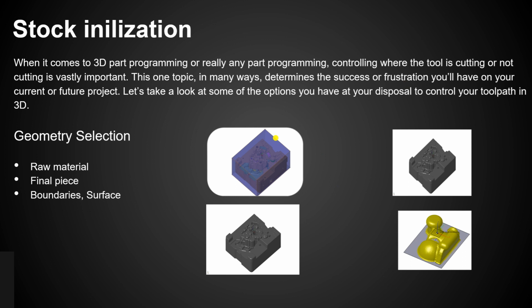Suppose after that my block will come at 600 by 600. If you already generated all your toolpaths, then in your CAM system, if you modify your block to 600 by 600, you don't have to generate all the paths again. It will automatically generate all your toolpaths.